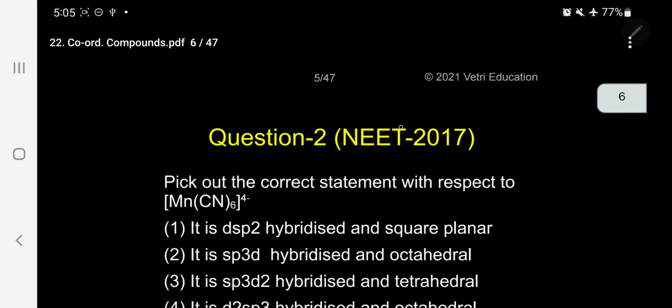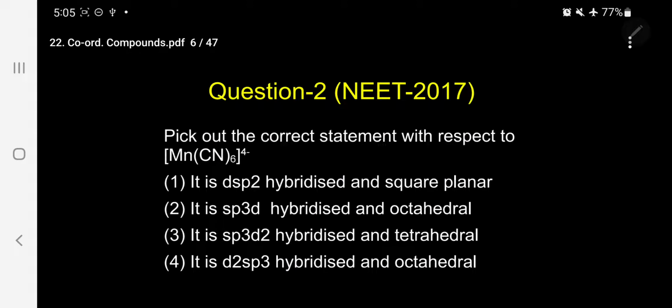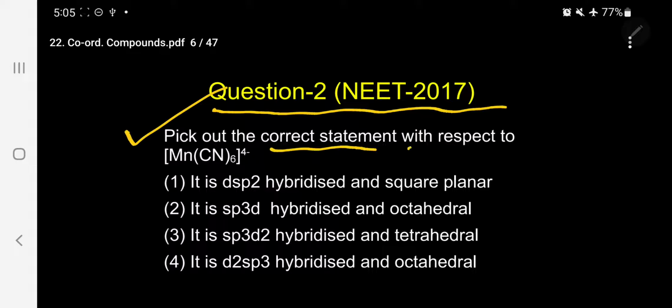Kindly follow. Now question number 2. This question was asked in NEET 2017. Pick out the correct statement with respect to Mn(CN)6 4 minus.